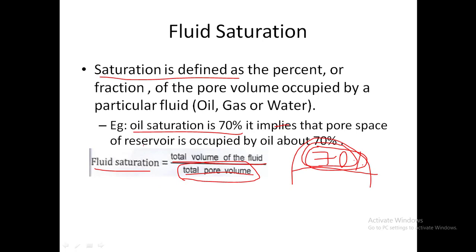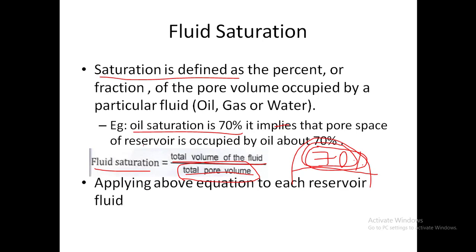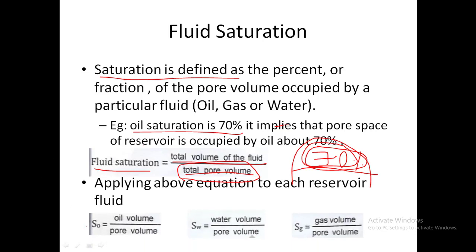Okay, if you want to see separately how much the oil, gas or water saturation is, then for that we have separate formulas. For oil saturation, it is the volume of oil occupied in the pore volume divided by total pore volume. It is the same with water: the volume occupied by water divided by pore volume. Sg is equal to gas volume by pore volume.